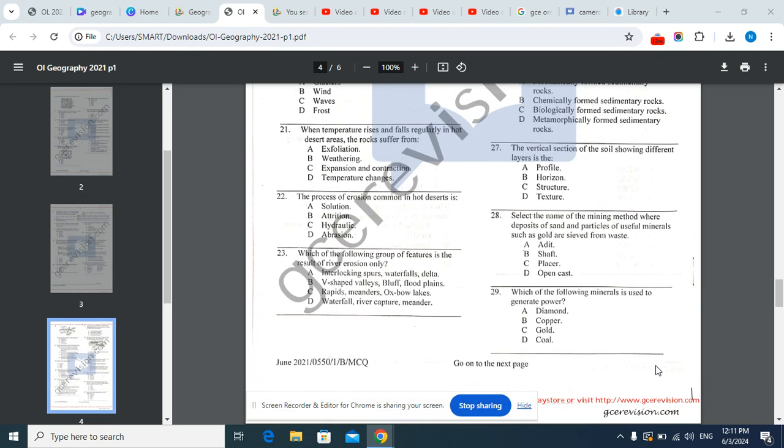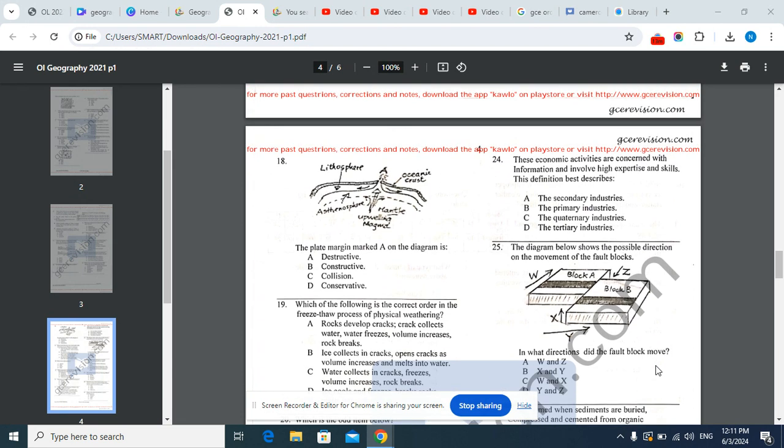Number 24. These economic activities are concerned with information and involve high expertise and skills.